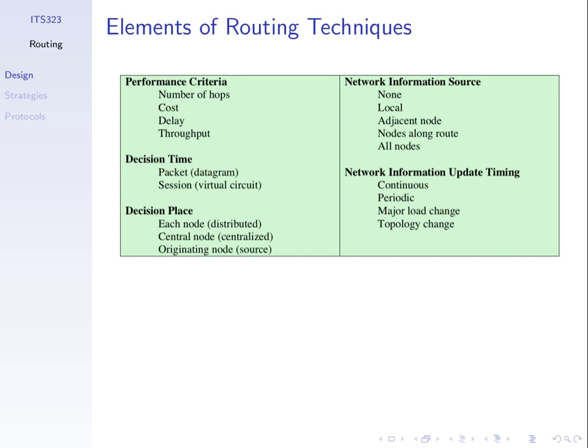Sometimes we want to choose the fastest, not in terms of the least delay, but if we've got a lot of data to send, it doesn't matter if it's a 103 millisecond delay or a 10 millisecond delay. If this path gives me an aggregate throughput of 1 megabit per second and this one 100 megabits per second, then I would like to use the 100 megabit per second path. So sometimes throughput is a metric.